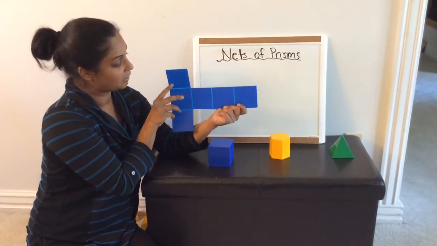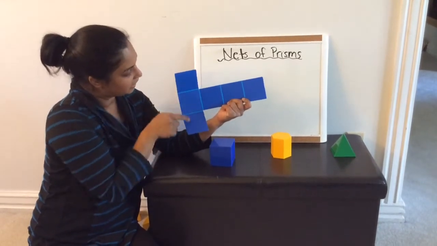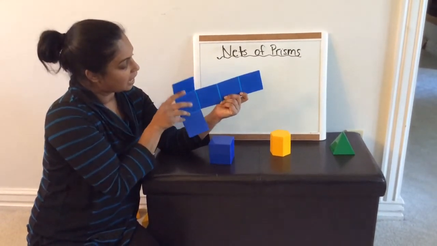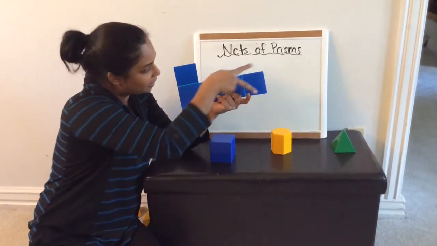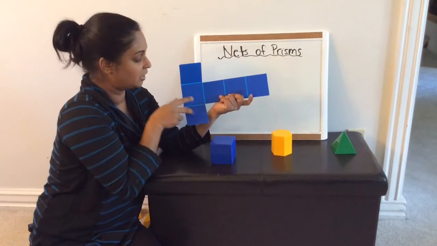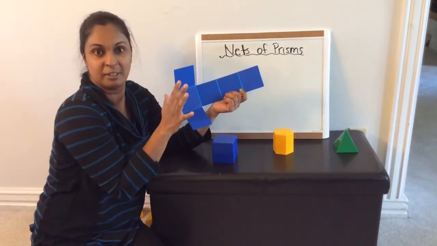So for example, right now when I hold out the net for that cube, I've got my two bases here, and I just want you to know that these two bases can actually be anywhere along this stretch here. So if this square here was there or there or there, it would still be fine.